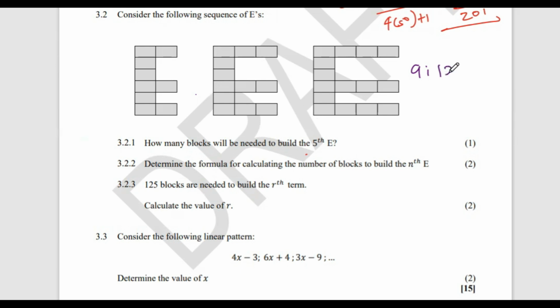We have 12 blocks. Then up to 15, so we have 15 blocks. So we are adding 3 blocks, starting with 9. For the 5th E, the 4th one is going to be +3, which is 18, and then +3, which is 21. So we need 21 blocks.